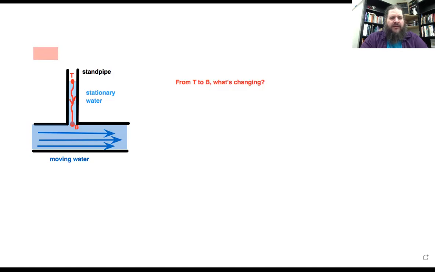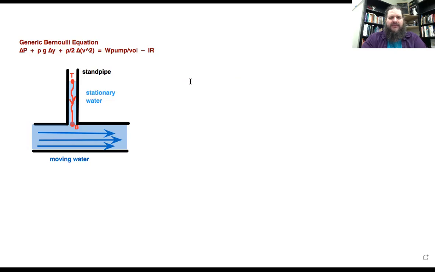And what else is changing? Do we need to include anything else? The pressure is going to be different. Yeah, the pressure at the top is this low pressure of the atmosphere. Pressure at the bottom is presumably higher pressure. So there's definitely a change in pressure. Is there any change in speed from top to bottom?